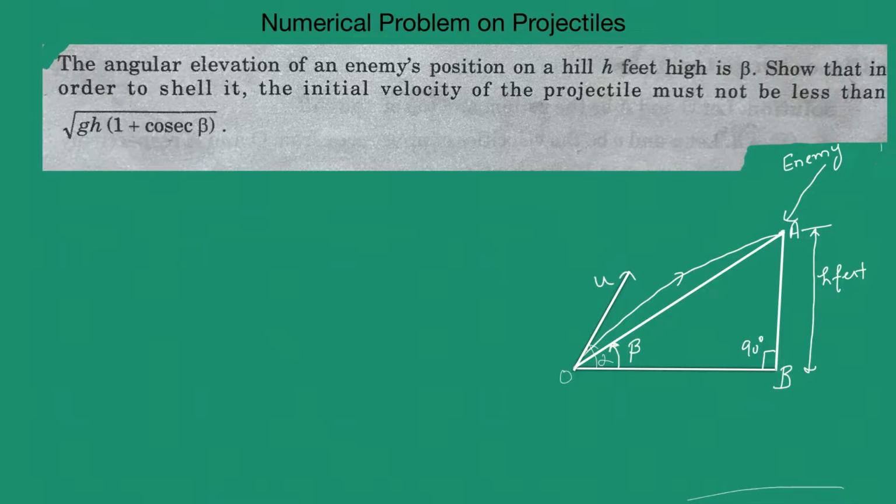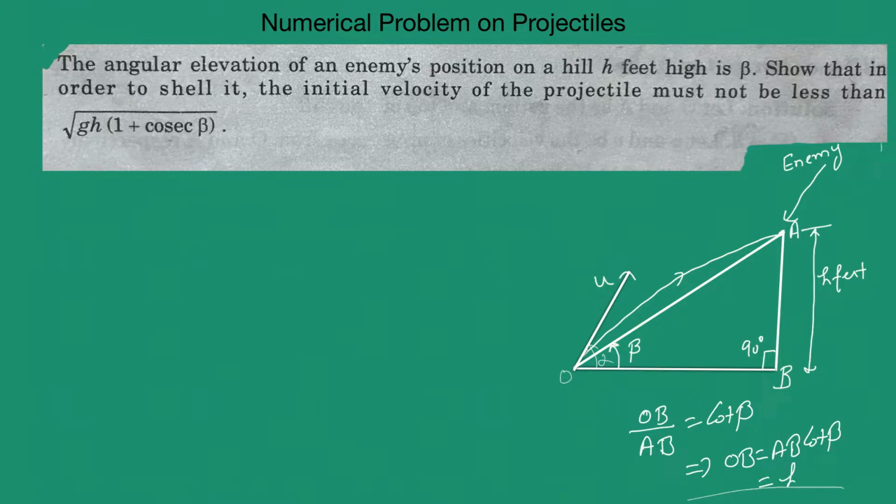If we see this figure, in triangle OAB this angle is 90 degrees, and the height AB is h. So what will be OB? OB upon AB is equal to cot beta, which implies OB is equal to AB cot beta.